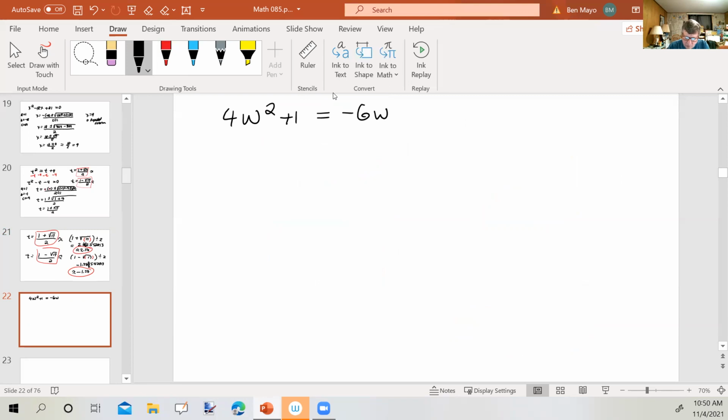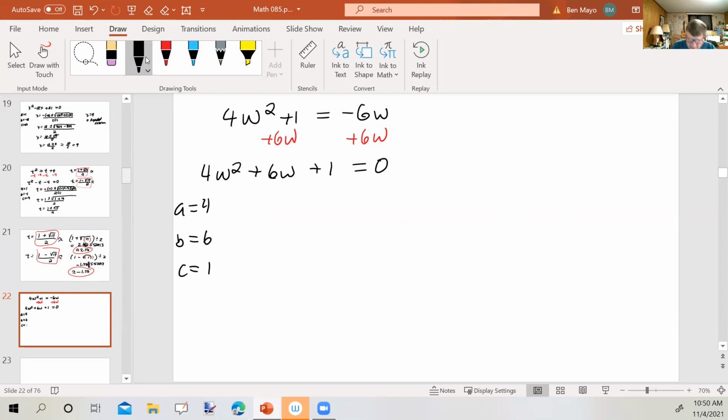It has a positive coefficient, so I'm going to leave it on that side of the equation, and I'm going to add 6w to both sides of the equation. So here's my quadratic equation in standard form. So now a is 4, b is 6, and c equals 1.